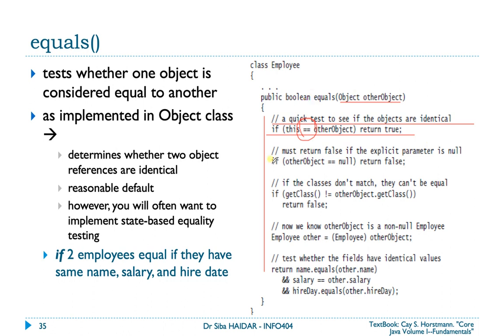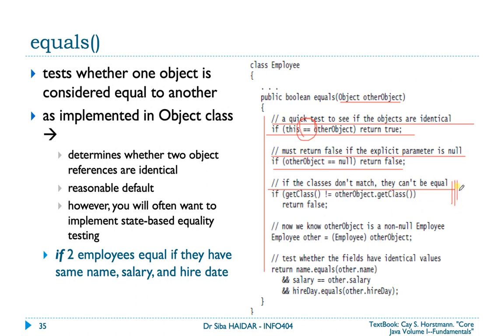Secondly, if they are not the same object, we continue. Must return false if the explicit parameter is null. If you compare something to null, necessarily you must return false. Third step, if the classes don't match, they can't be equal. This is an option. There are other options.